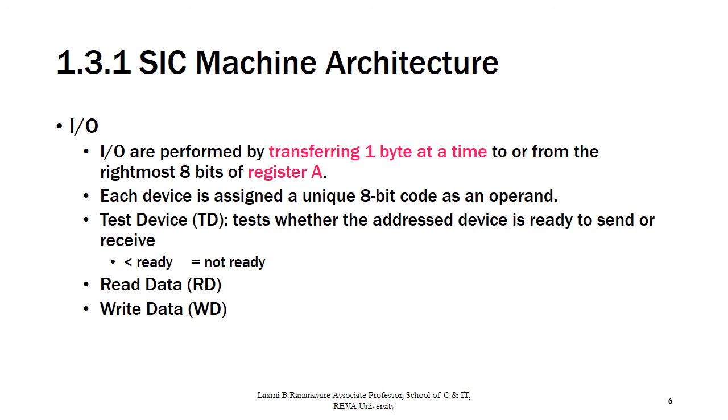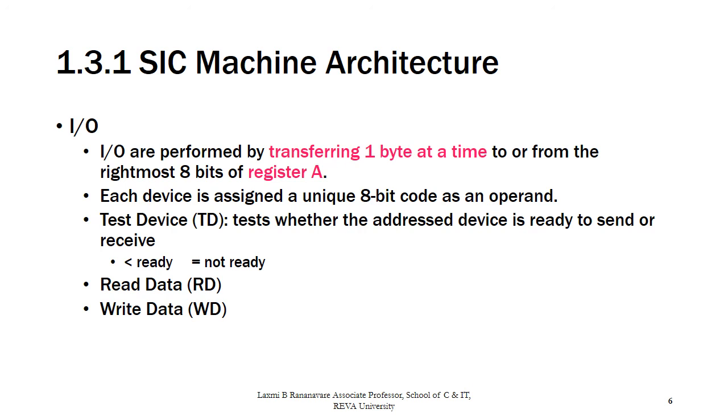The test device instruction tests whether the addressed device is ready or not for sending or receiving information. If the device is ready, then the condition code less than is set. If the device is not ready, then the condition code equals is set in the status word register.